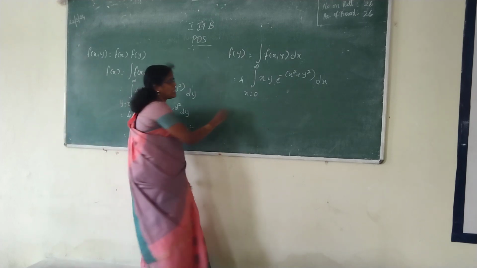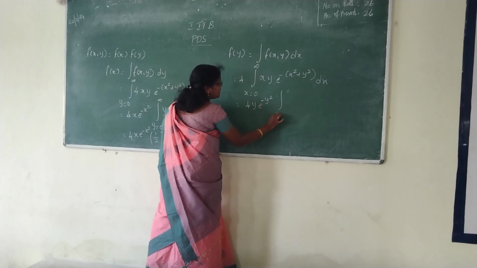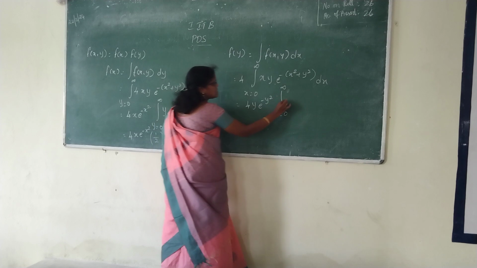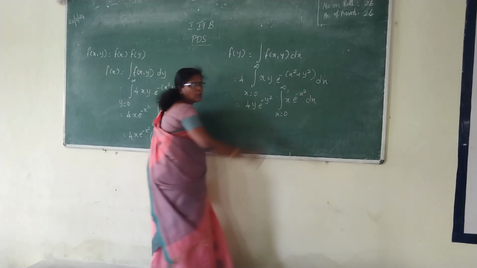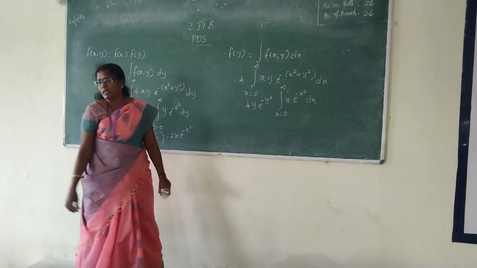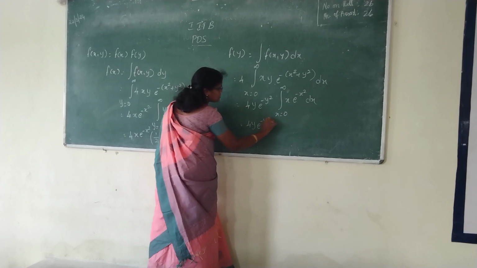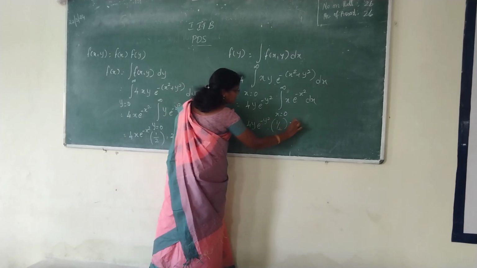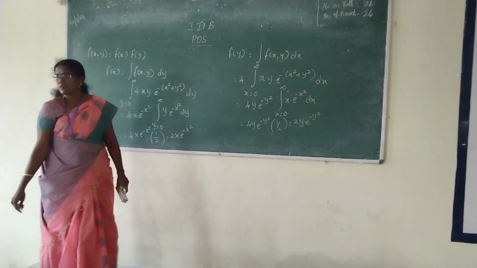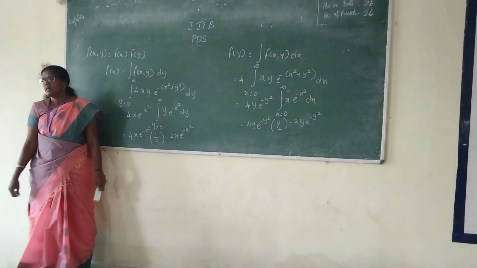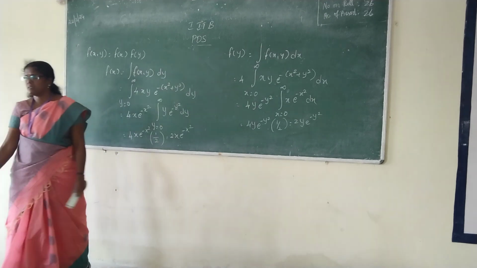All these three will remain the same, no change. What is the remaining? x e power minus x square dx. Again, what will be this answer? 1 by 2. So what will happen? 4y e power minus y square into 1 by 2, so 2y e power minus y square. Okay, easy or not? We did the integration only once. Using that, we are directly substituting the answer.